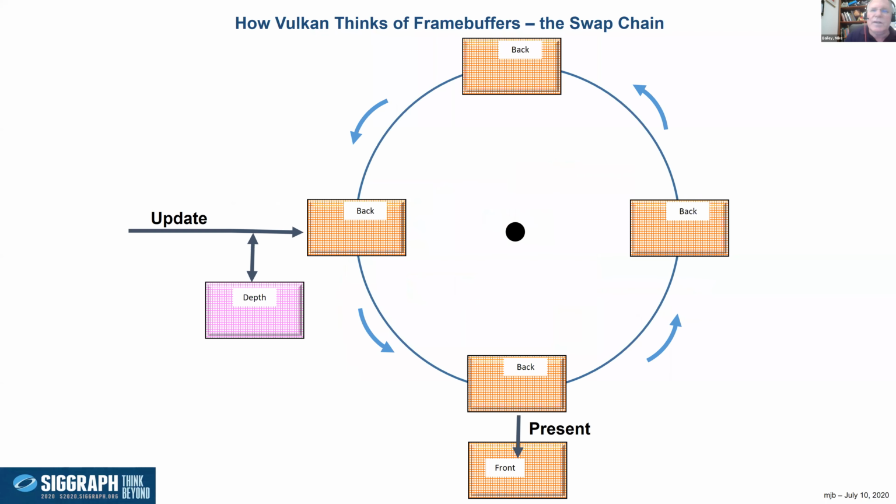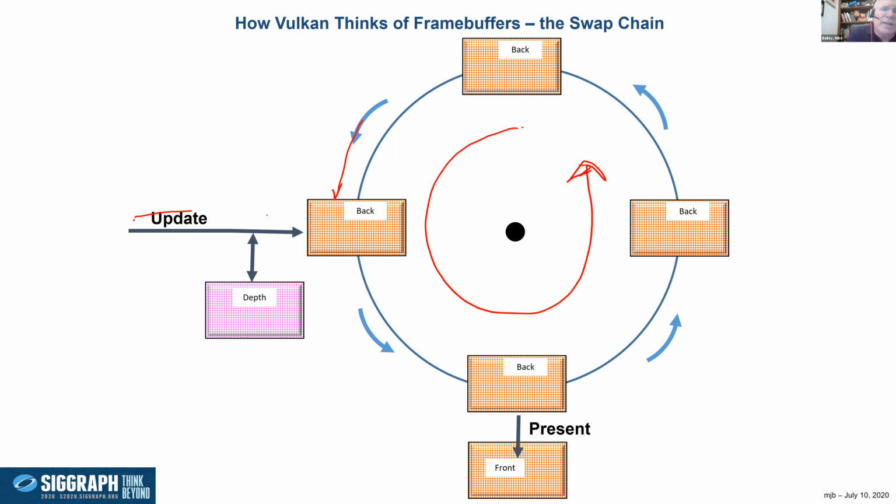In Vulkan, it's a little more flexible. It's something called the swap chain. And you can really think of the swap chain as a ring buffer or a merry-go-round of frame buffers. One of these back buffers gets rotated into place.